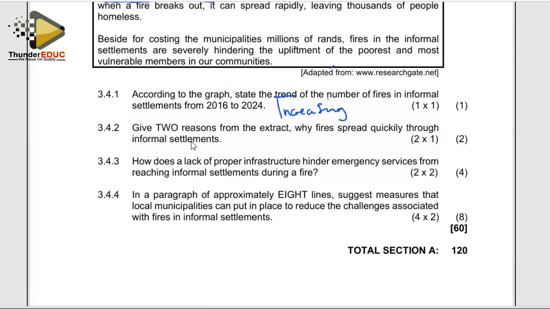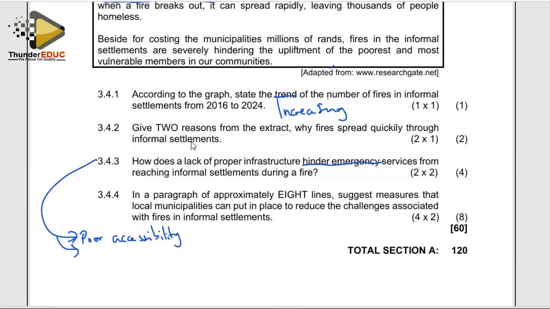And how does it hinder emergency services? Maybe there's a fire, firefighters need to assist, but there's lack of proper infrastructure. It hinders, for example, it gives poor accessibility. Because of absence of proper roads, it takes time for emergency services to access those areas.